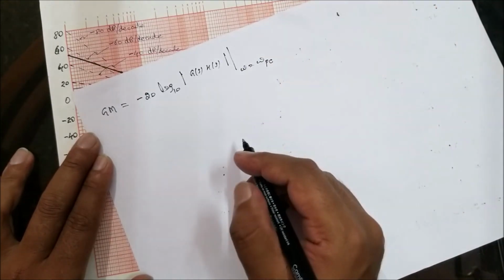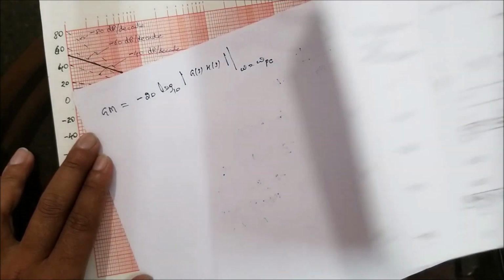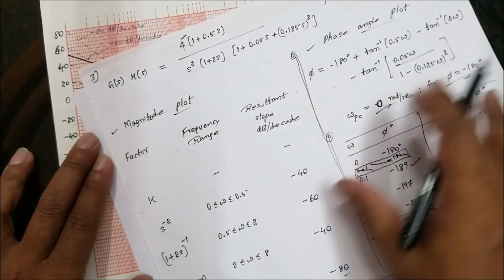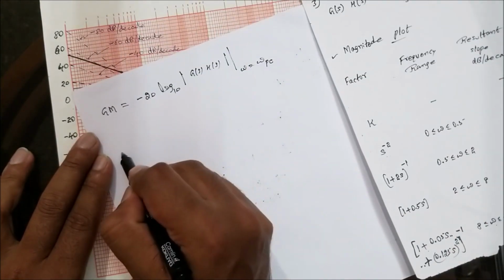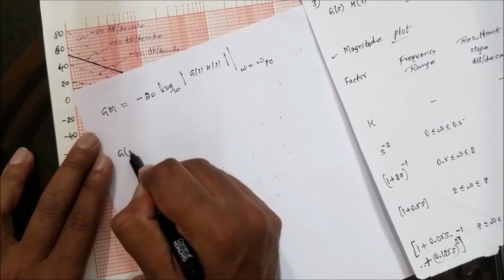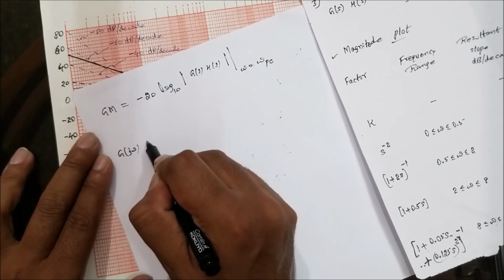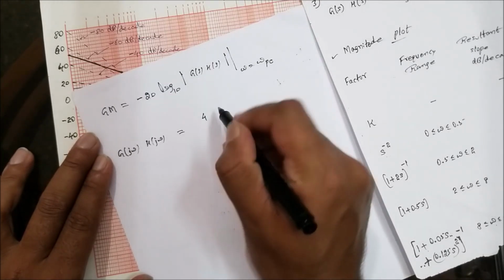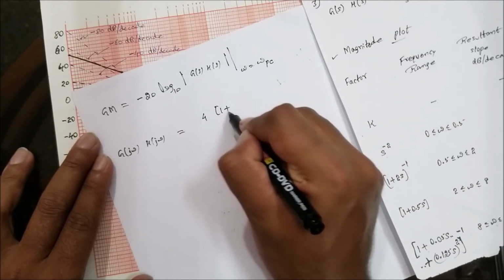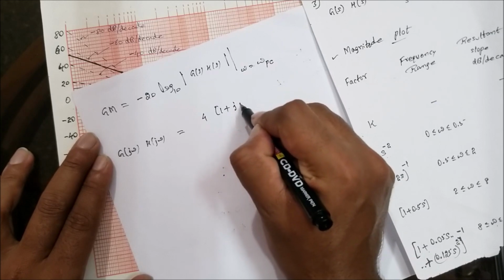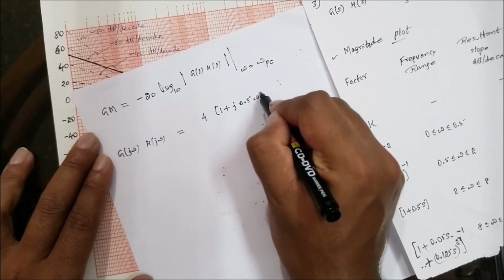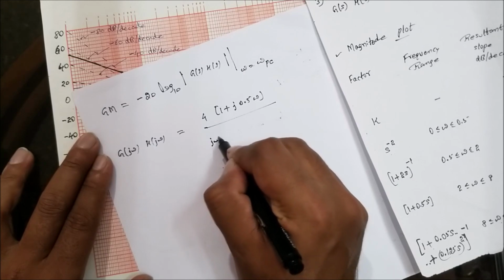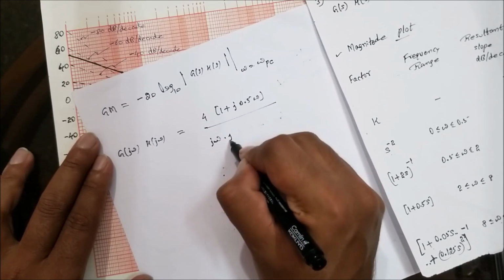This people already know. Now, if you carefully observe the problem, this is the problem I have. If I note down, replacing s by j omega, H of j omega is equal to 4 into 1 plus j times 0.5 omega divided by s square, which should be written as j omega into j omega.